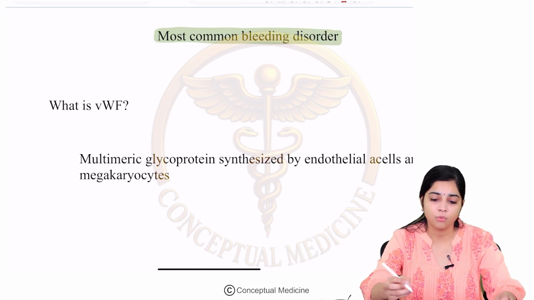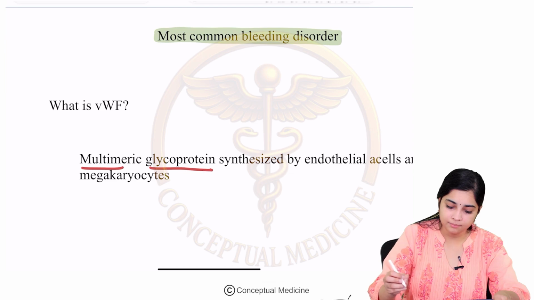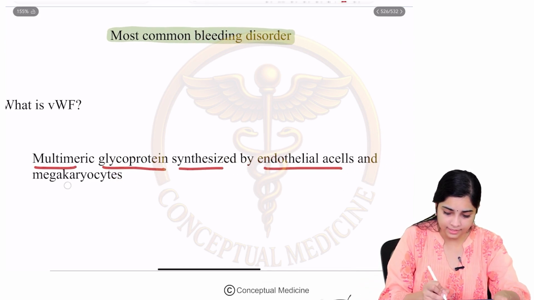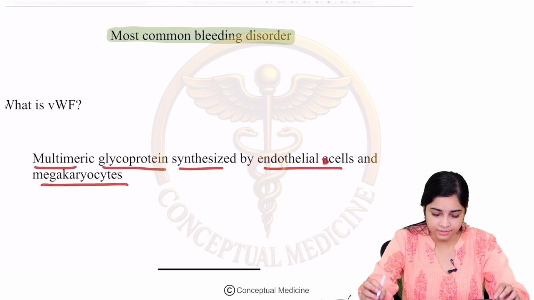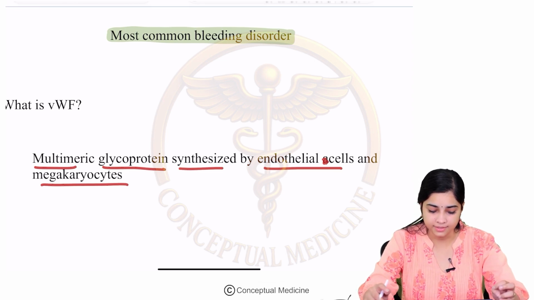So what is this von Willebrand factor? Von Willebrand factor is a multimeric glycoprotein which is synthesized by the endothelial cells and the megakaryocytes.